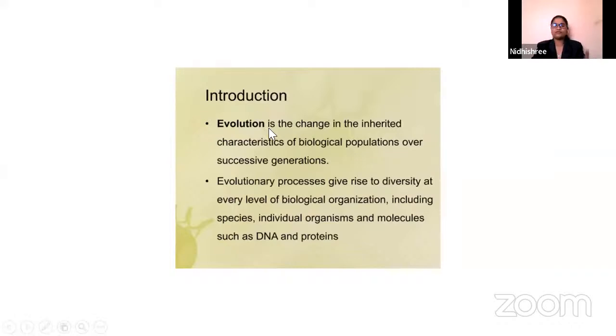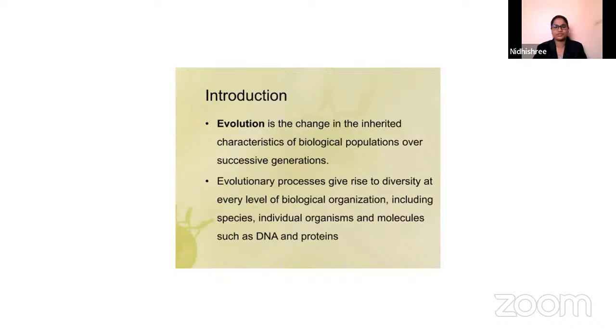Fine. So the first slide is just showing you the definition of evolution. What is evolution? It is change in inherited characters of certain biological populations over successive generations. It is not that I am from my mother and my daughter is from me, so you can see evolution in my daughter. Suddenly evolution will not occur.